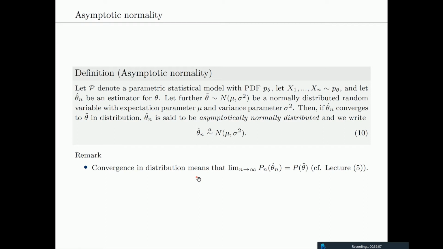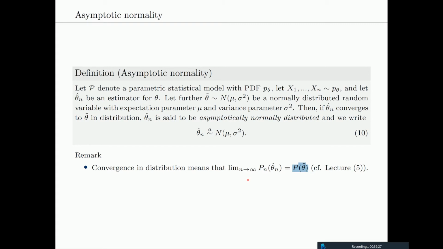This is just a reminder of what convergence in distribution means. That means it's a statement about the cumulative distribution functions that for n going to infinity become identical to the cumulative distribution function of theta.